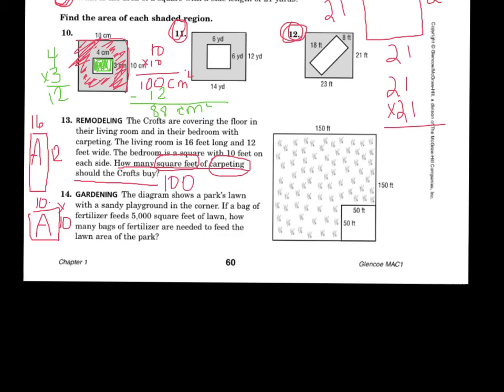That's 100. And then 16 times 12 for the living room. That's 192. So 100 plus 192 is equal to 292, and this is square feet. Okay, you should practice saying that, square feet.